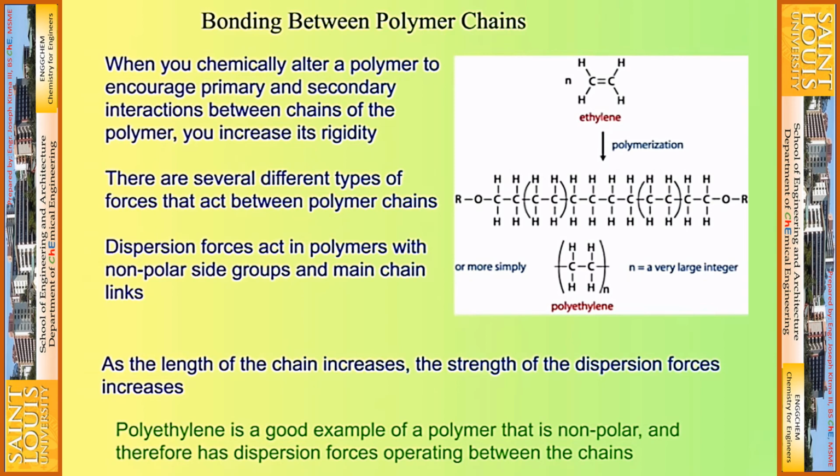As the length of the chain increases, the strength of the dispersion forces increases. Polyethylene is a good example of a polymer that is non-polar and therefore has dispersion forces operating between the chains.